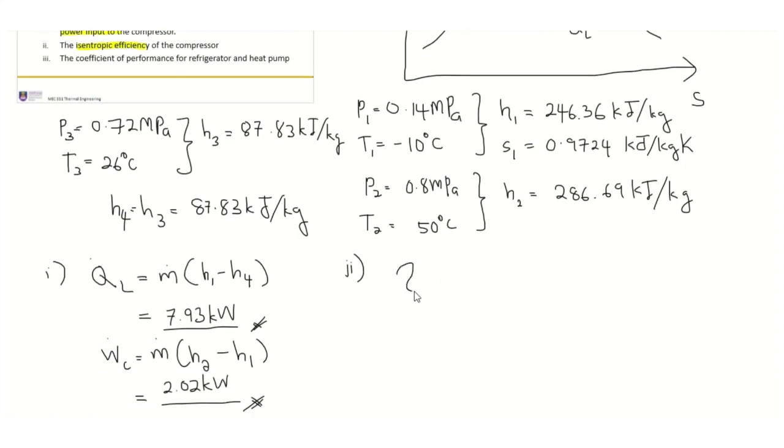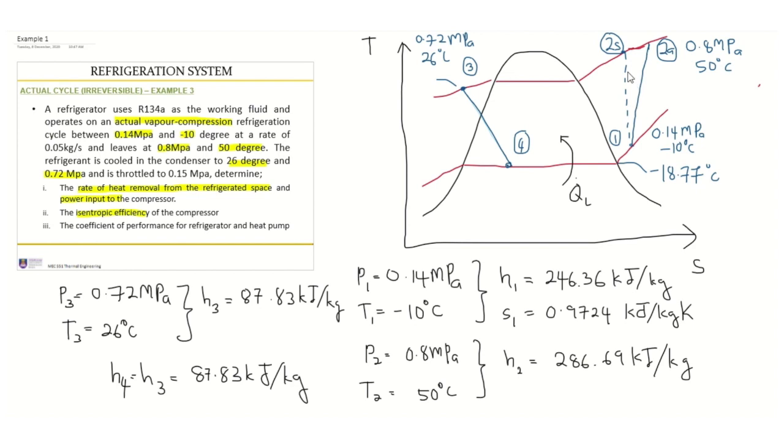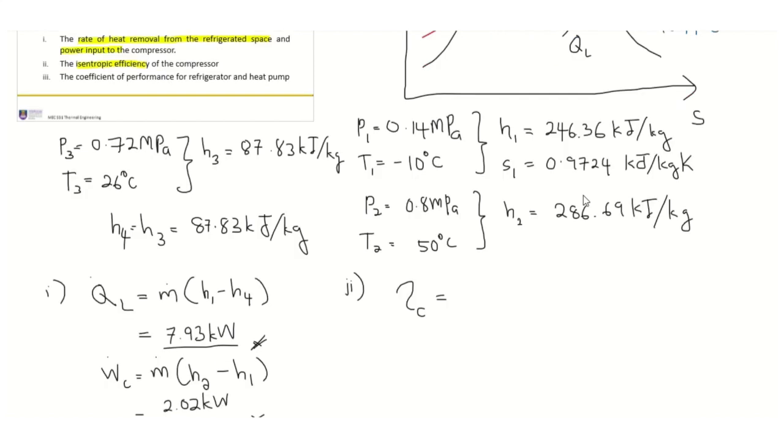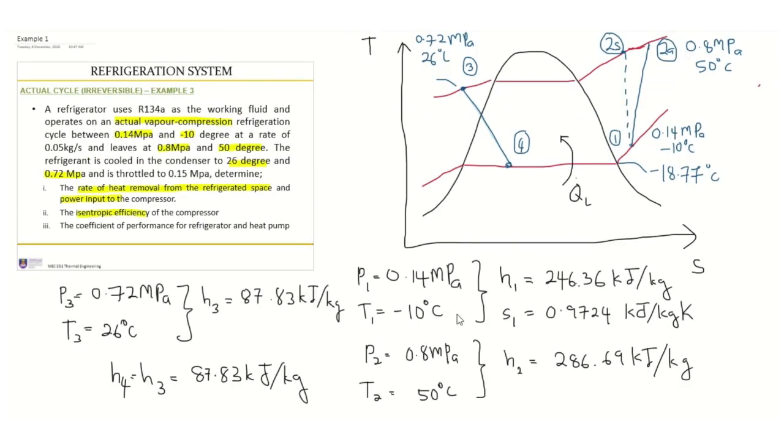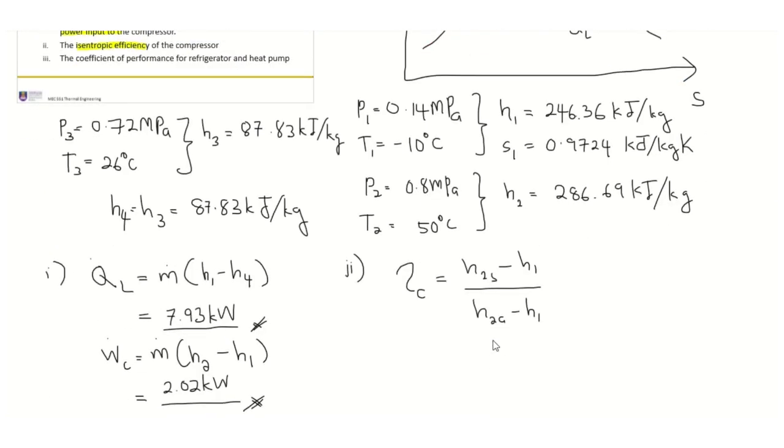As I mentioned previously, the efficiency of the compressor, which is the isentropic efficiency, is (H2S minus H1) divided by (H2A minus H1). So that's how we find our isentropic efficiency.